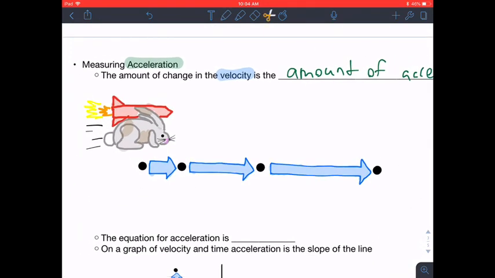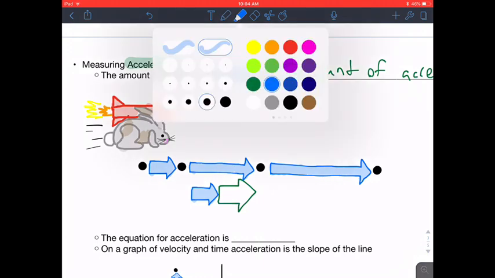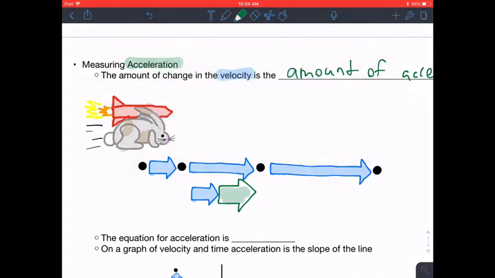So the way we would actually do this conceptually is I would look at this velocity, and I'm going to compare it to the velocity over the next second. The difference in those vectors is the amount of acceleration there is.